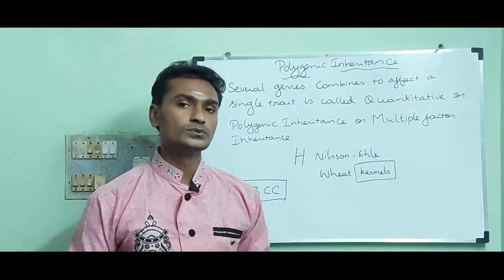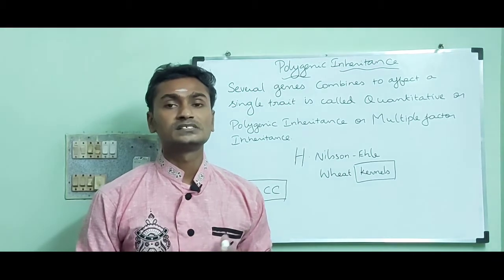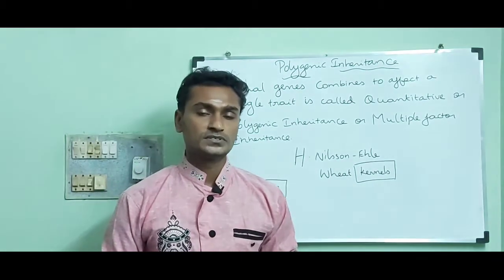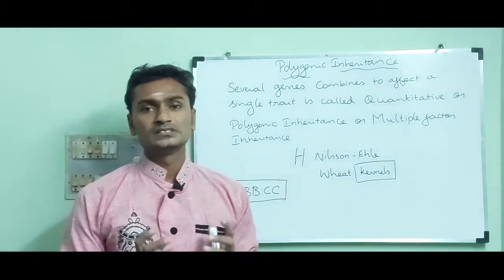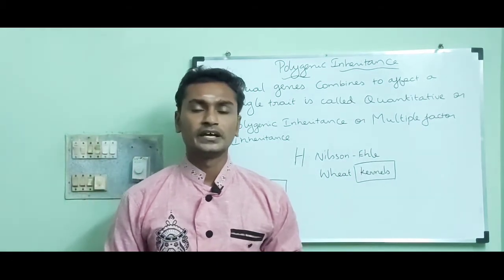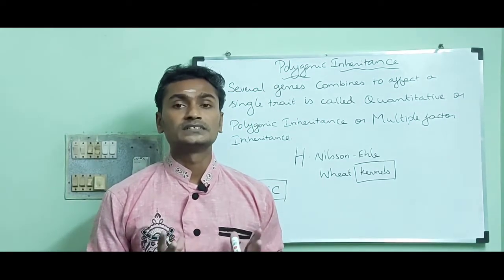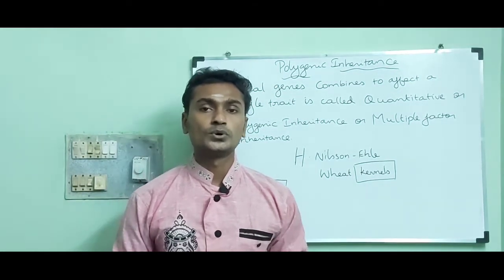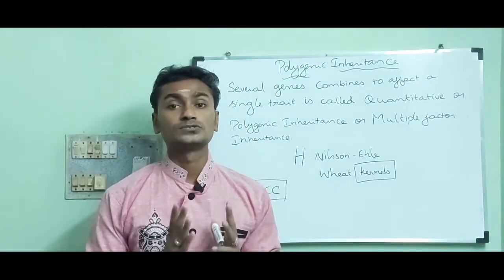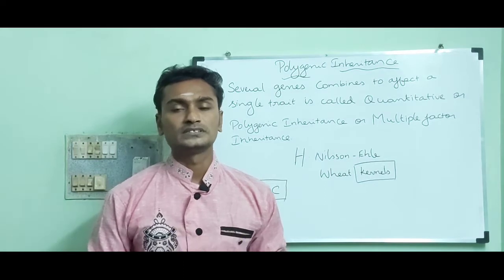In F2 we have to draw 64 boxes to plot 64 genotypes. So it could be tedious. So please listen carefully and watch the video till the end. Then only you can understand the concept.